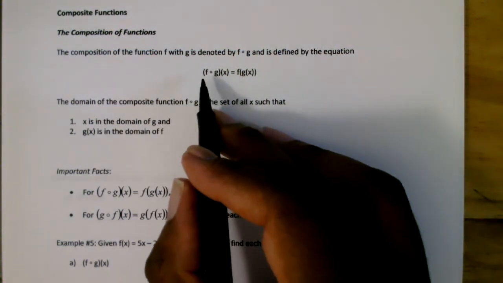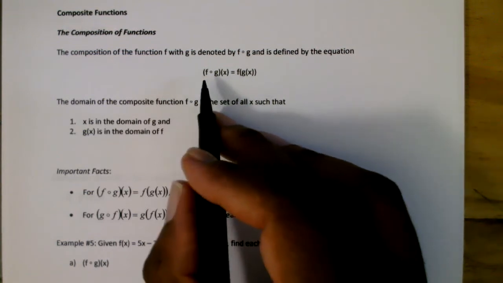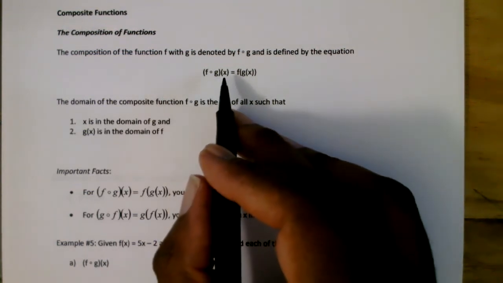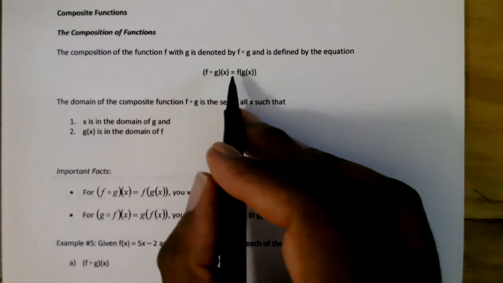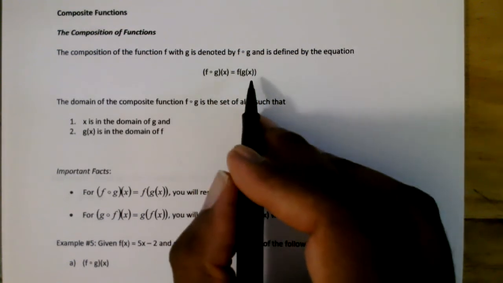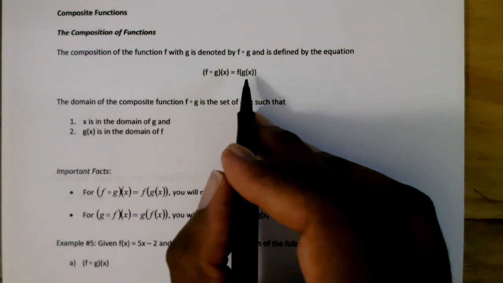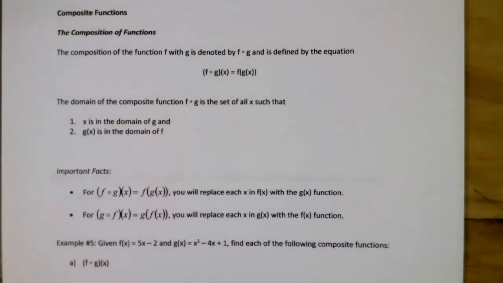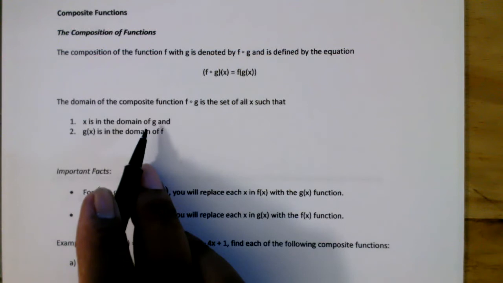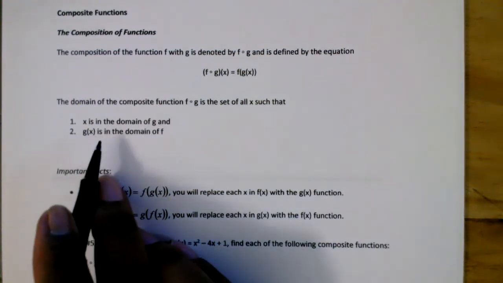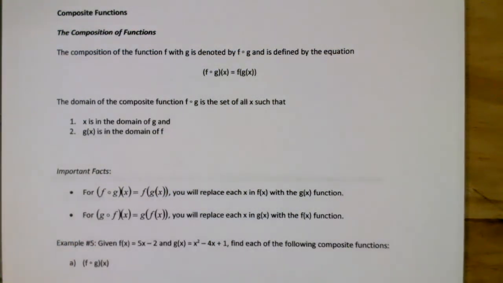In this case, f circle g of x is going to be equal to f of g of x, where the g of x is on the inside and the f of x will be on the outside. Now the domain of the composite function f circle g is going to be the set of all x such that x is in the domain of g and your g of x is in the domain of f.